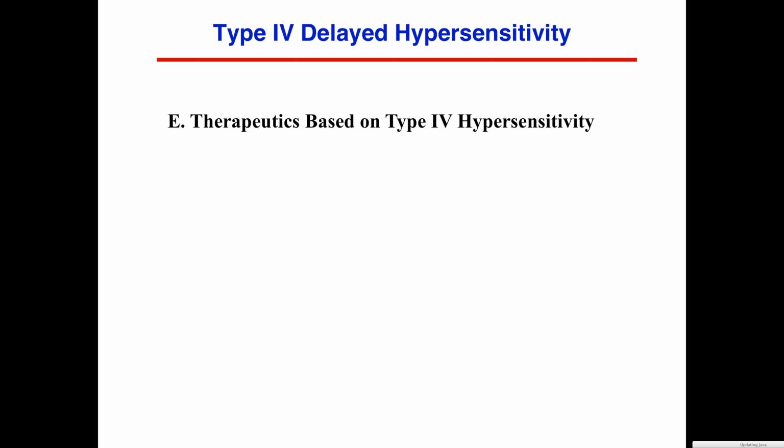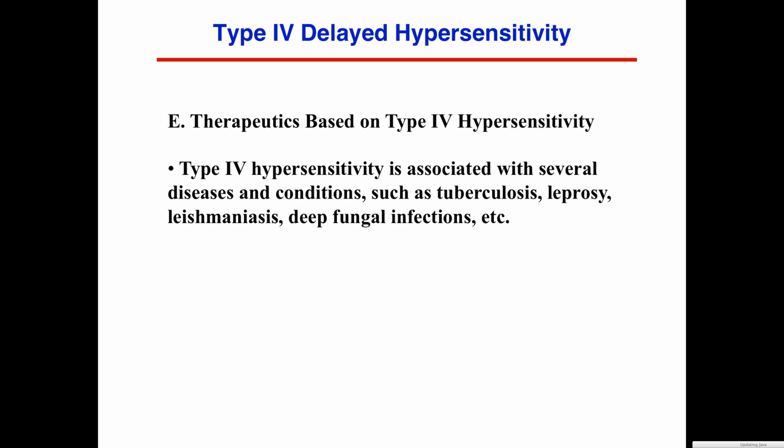So there are therapeutics based on type 4 hypersensitivity. It's associated with several diseases, as I said before, like tuberculosis, leprosy, and deep fungal infections. All the effects that you see, the tissue damage, the lung damage, result from the macrophages and the immune system destroying tissues that have the allergen or express the allergen.